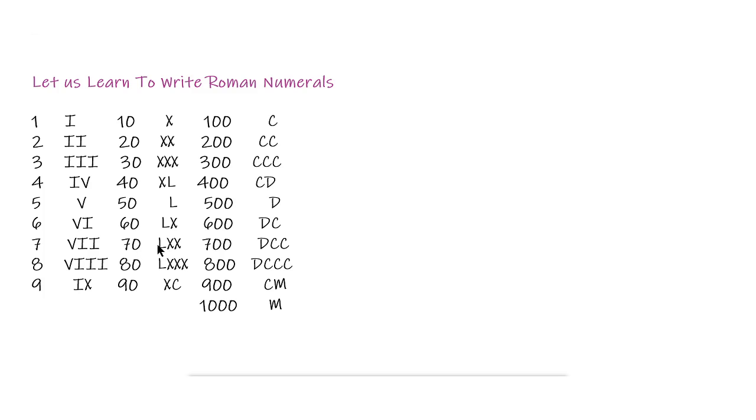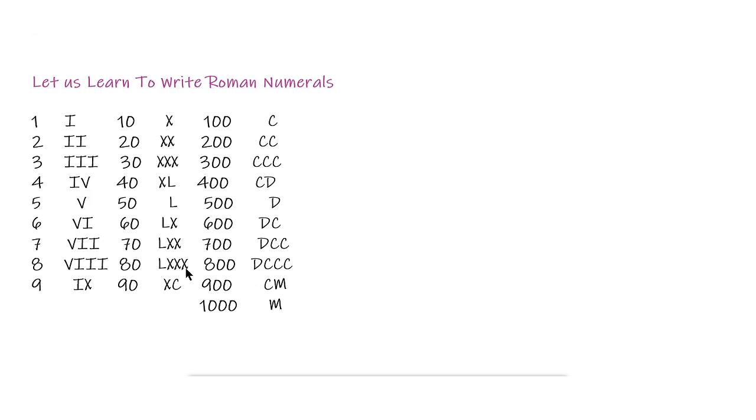70 is LXX. L is 50 plus 10 is the first X plus 10 is the second X, so 70. 80 is LXXX.